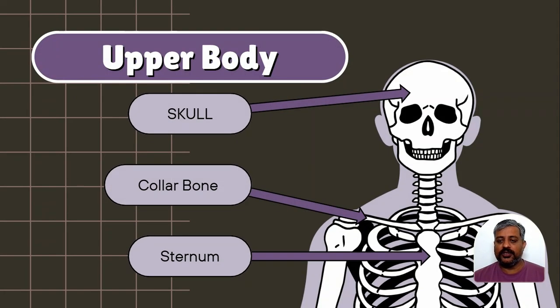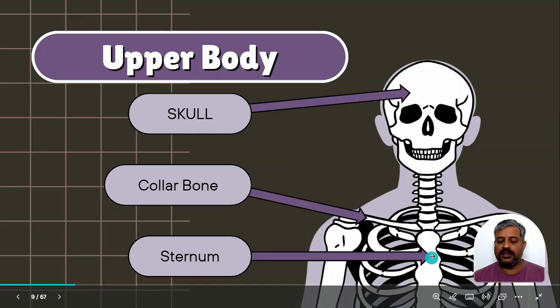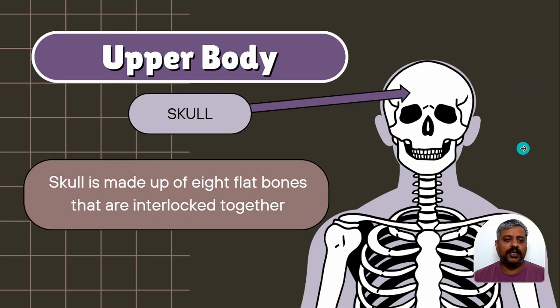Next, moving on to the upper body. Here we have the skull, in which the brain is protected, the collarbone, that is the shoulder bone, and this is the sternum where the ribs are joined, right? We'll study the function of these.